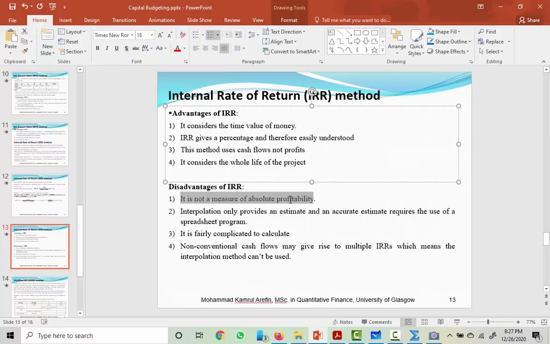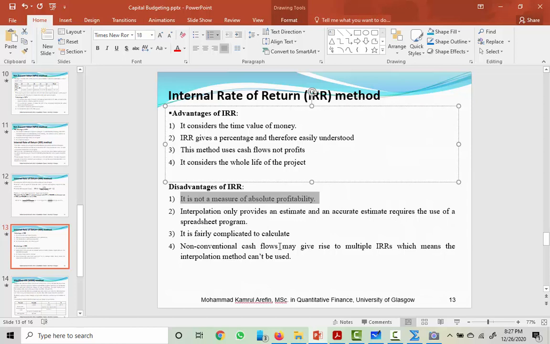Well, it's not a measure of absolute profitability. For example, if you use the NPV method, we can easily find out the surplus amount of dollar or taka that we can get from a project.